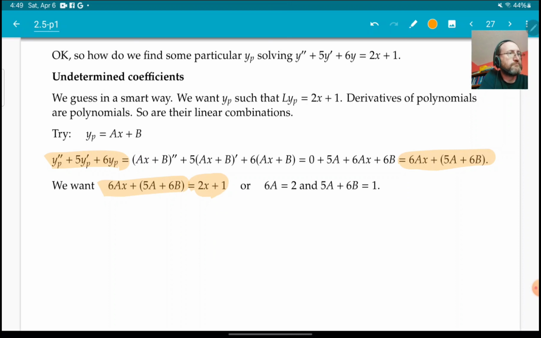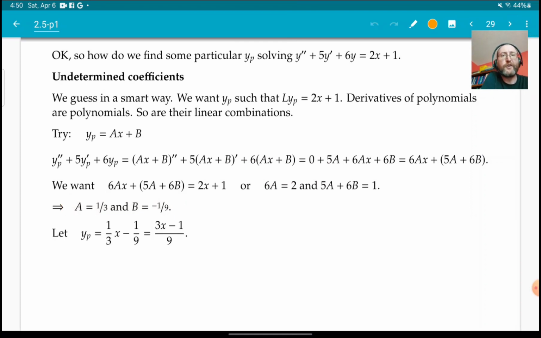Now, that will be true if 6a is 2, because we want 2x, and we have 6ax. So let's make sure that a is such that 6a is 2. And 5a plus 6b, we want it to be 1. So we have two equations that we just solve for, and you get this.